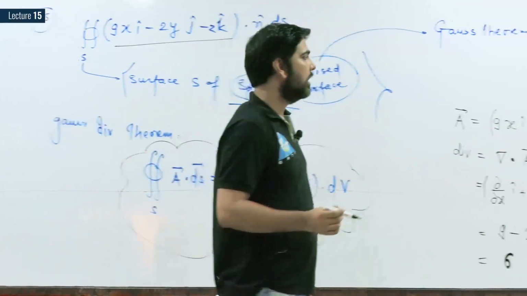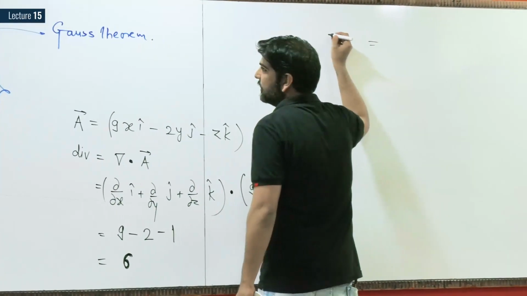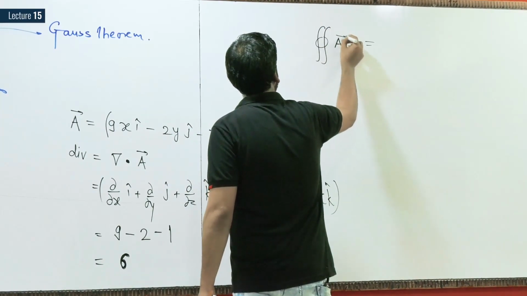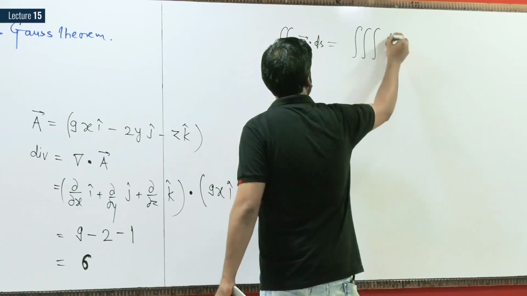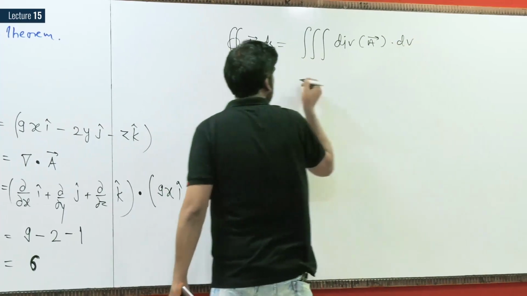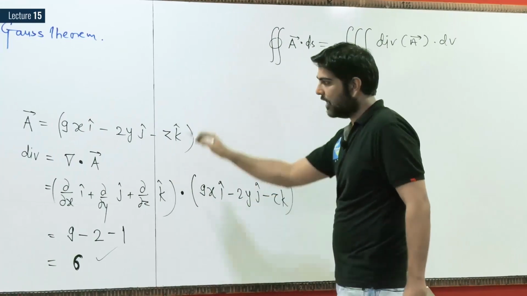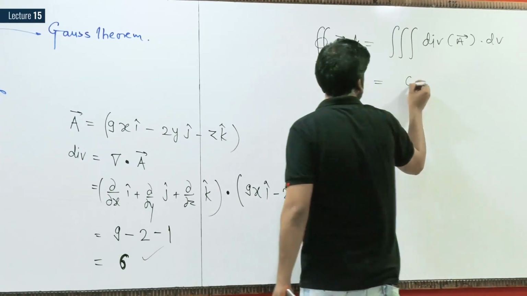So let us apply the Gauss divergence theorem. I can write the double integral which we need to evaluate, with A and dS. So it is nothing but our triple integration of divergence of A dV. What is the divergence of A? Here you can see the divergence of A, dear students, is 6.